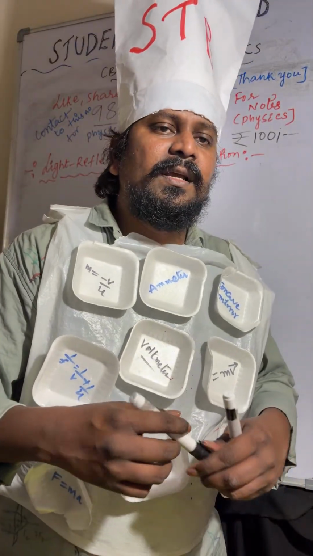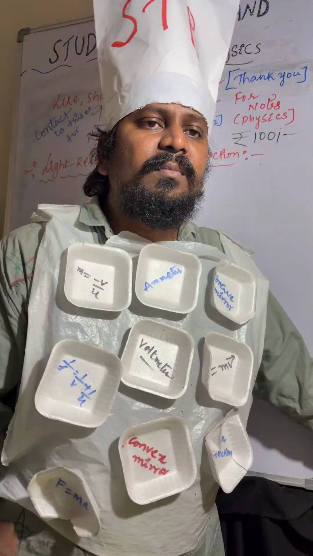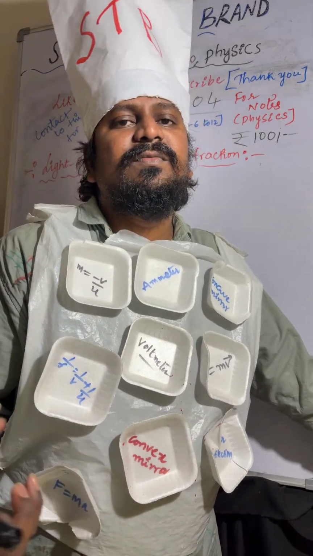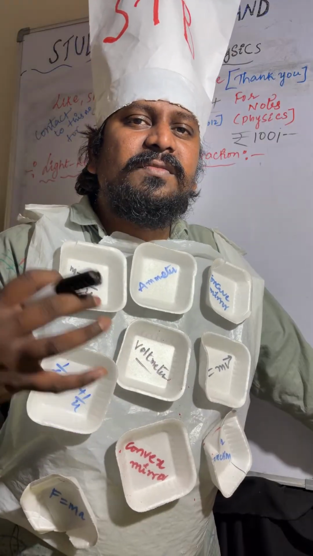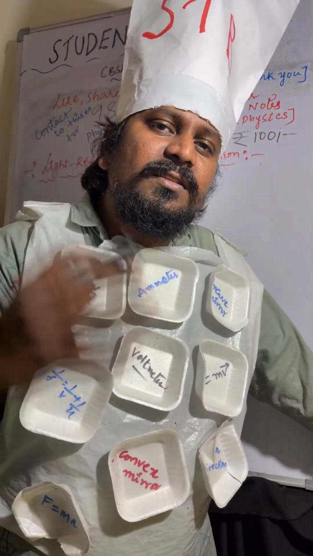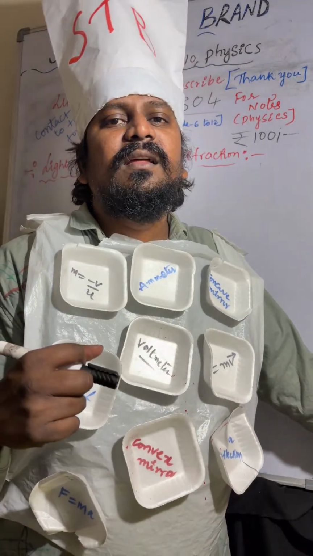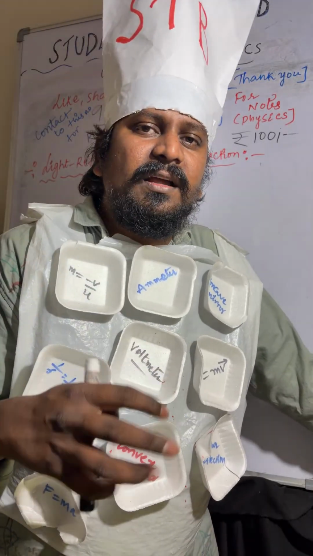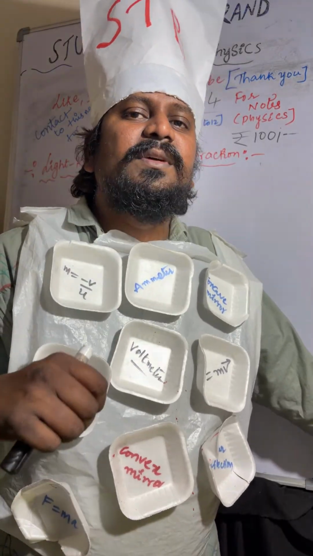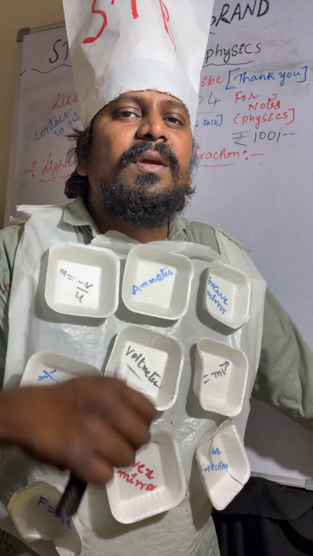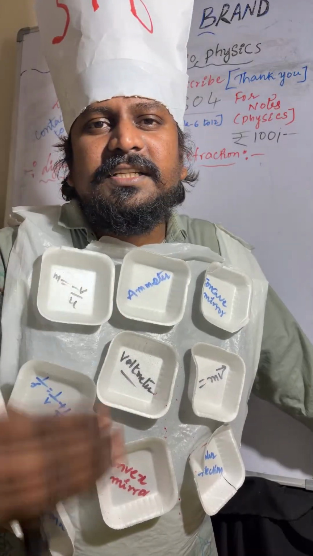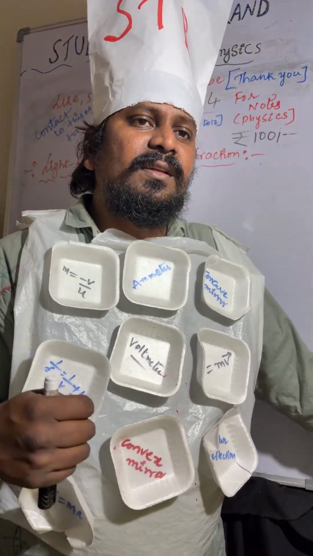Next one: spherical mirror. The mirror which is in the form of a curved surface is called a spherical mirror. In spherical mirrors there are two types: concave mirror and convex mirror. In a concave mirror, reflection takes place inward.